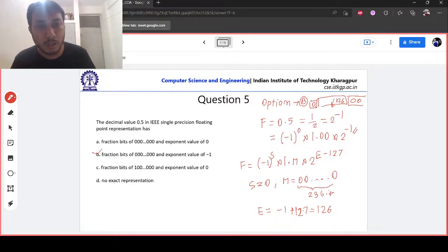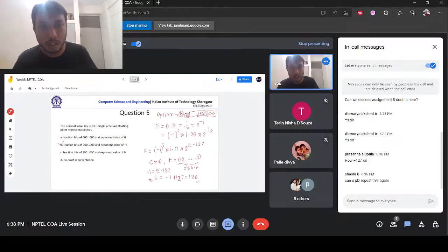So we can write minus 1 equals e minus 127, or e is minus 1 plus 127, that is 126. So the correct answer is option B, that is fraction bits are all 0 and the exponent value is minus 1. Now is it clear?